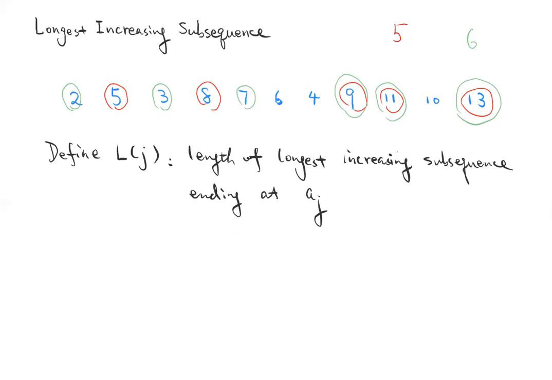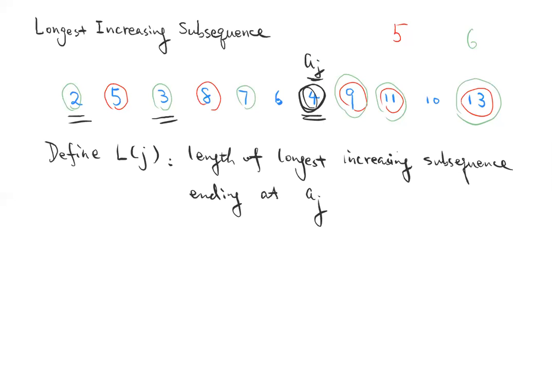A particular number, say aj. So for each position j, we define the value: the longest increasing sequence ending at aj. If we look at this one, it will be 3. The longest one ending here is this one and this one.